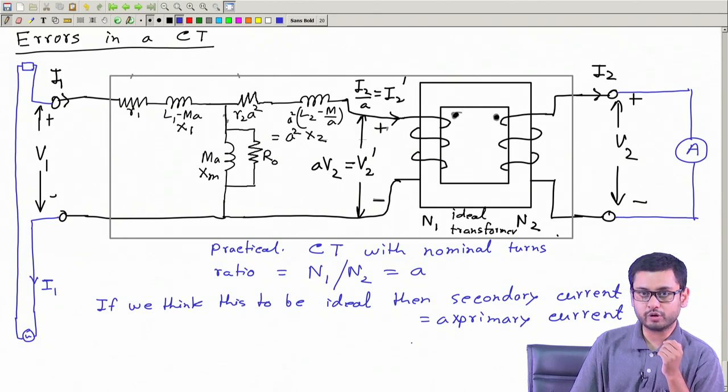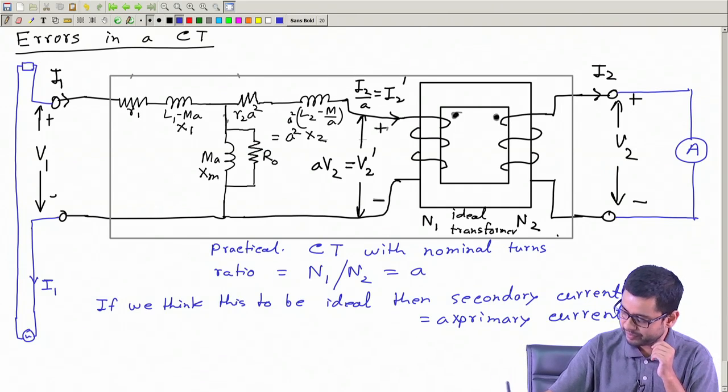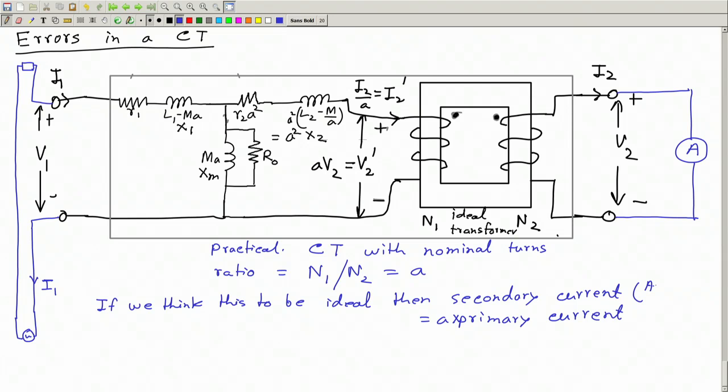Because I1 N1 equals I2 N2, from that you can show that the secondary current, or ammeter reading, will be equal to A multiplied by this primary current.